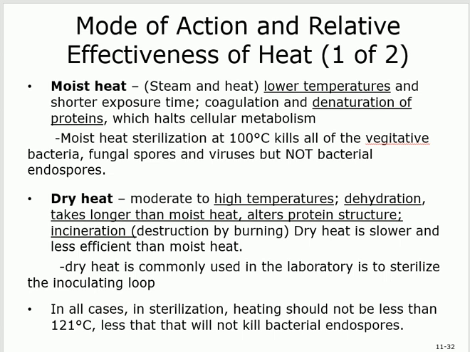Dry heat, the common use for dry heat is in the laboratory to sterilize the inoculating loop. What is an inoculating loop? If you ask yourself, why don't I just use the moist heat? Because it is stronger and it takes less time, right? Dry heat, sometimes you can use it. Like the inoculating loop.